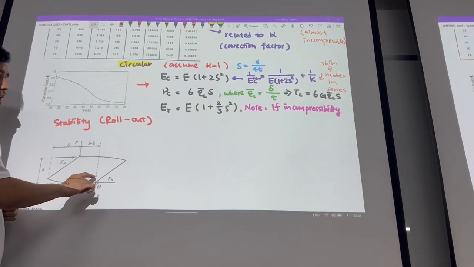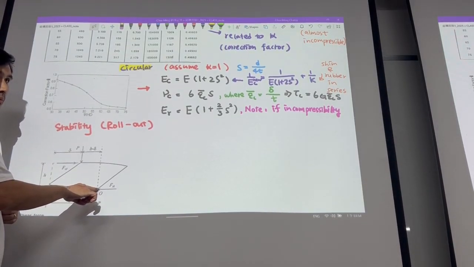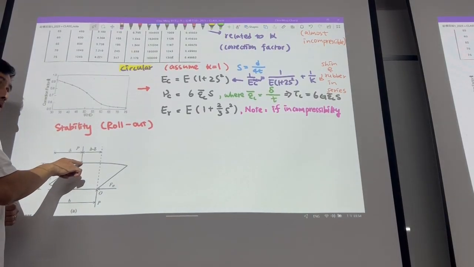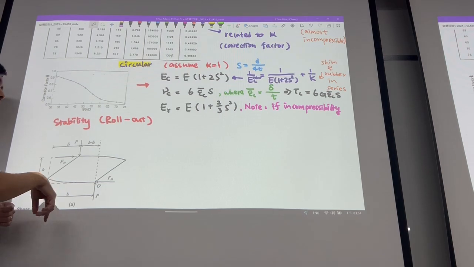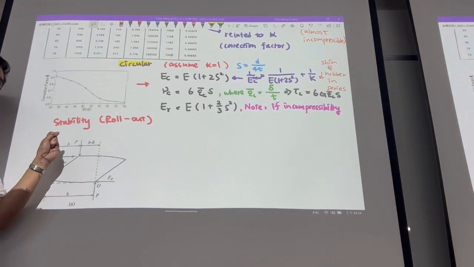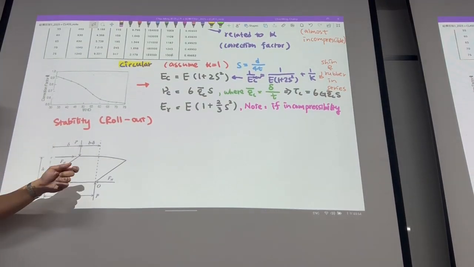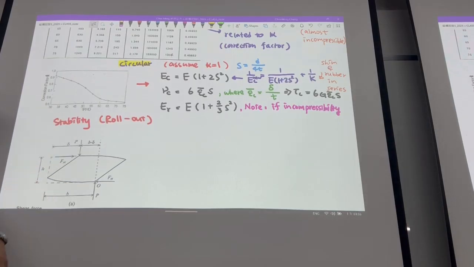So we made one of the corners the support, and at the diagonal corner here, we apply the vertical force and also the lateral force. Use this diagram, then we can determine how large this delta can be to introduce the stability problem. Okay?